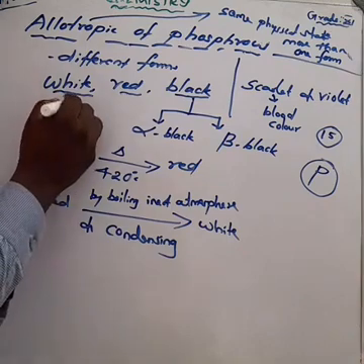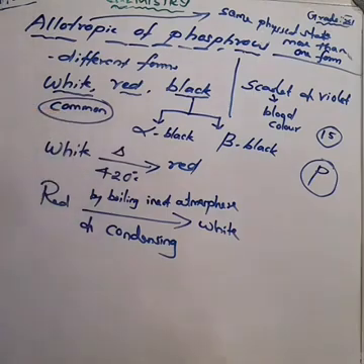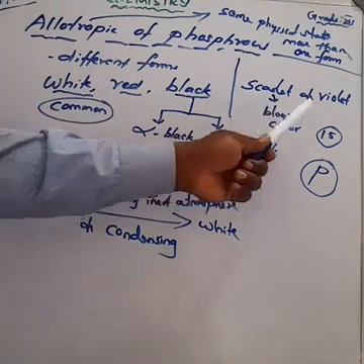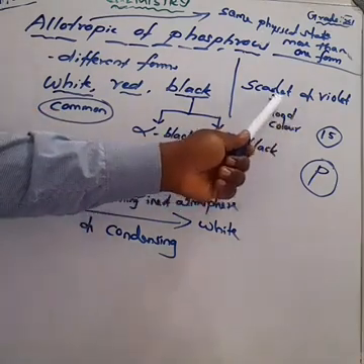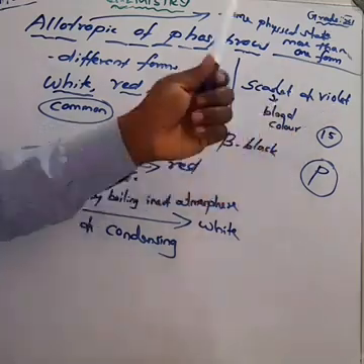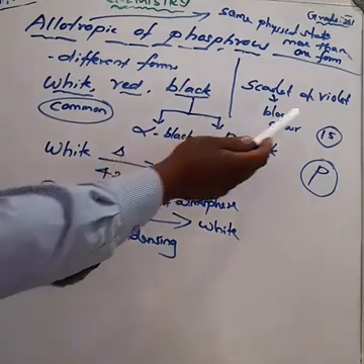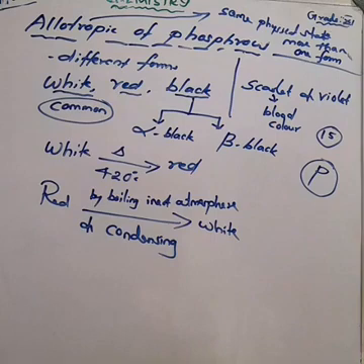And in addition, 2 more allotropes: scarlet phosphorus, S-C-A-R-L-E-T, and also violet phosphorus. Scarlet means a blood color, and that is the color of scarlet phosphorus. Next, the violet phosphorus. These are the allotropic forms of phosphorus.